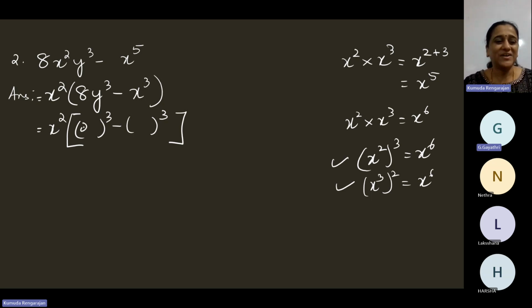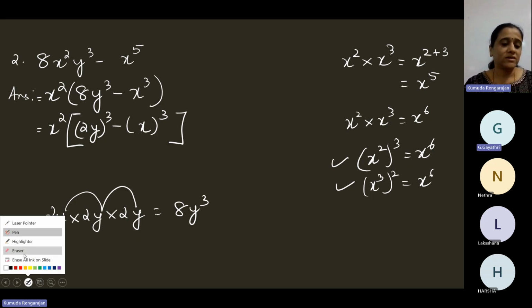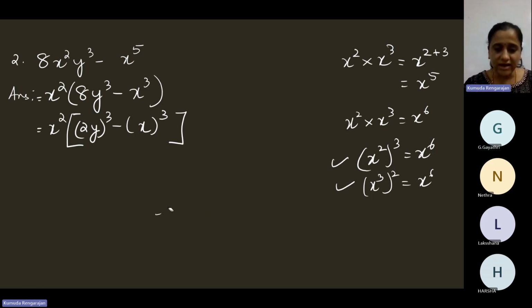Very good. 2y. 2y into 2y into 2y. 2 into 2, 4, 4 2s are 8. Y into y squared into y cubed. So 2y the whole cubed is 8y cubed. Minus here x. Okay, so now which identity to use? Yeah, correct.